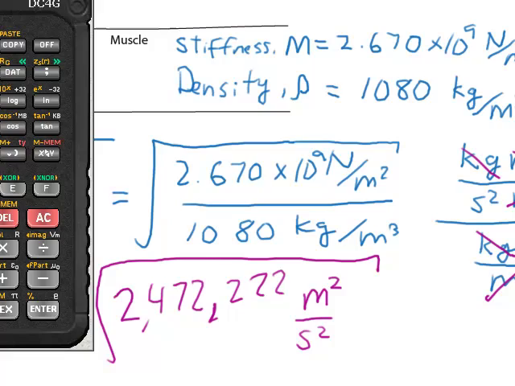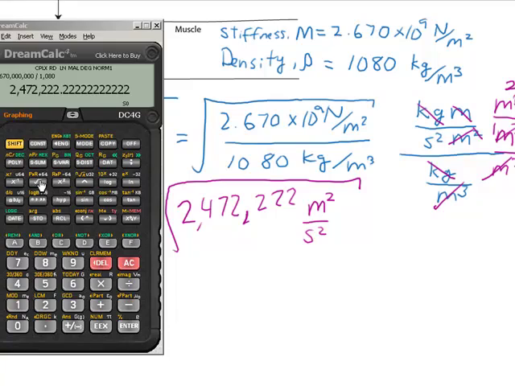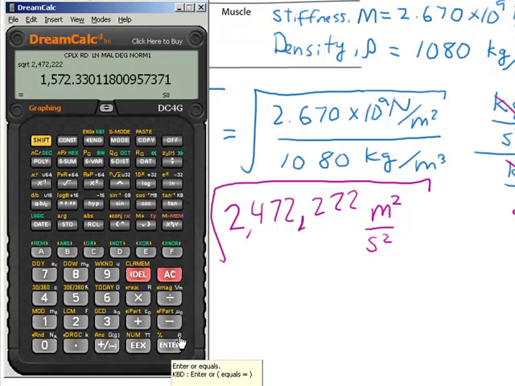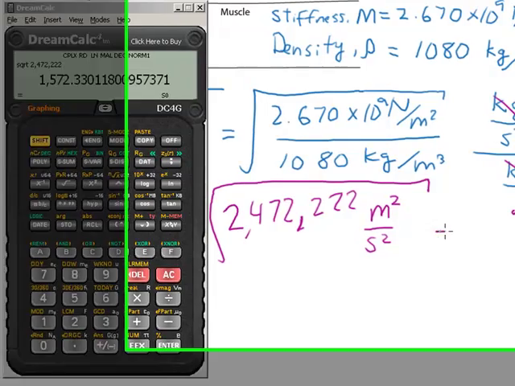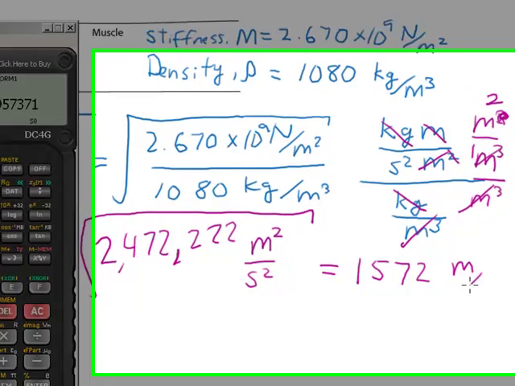So the square root of that, when I take the square root, is equal to 1,572 meters per second.